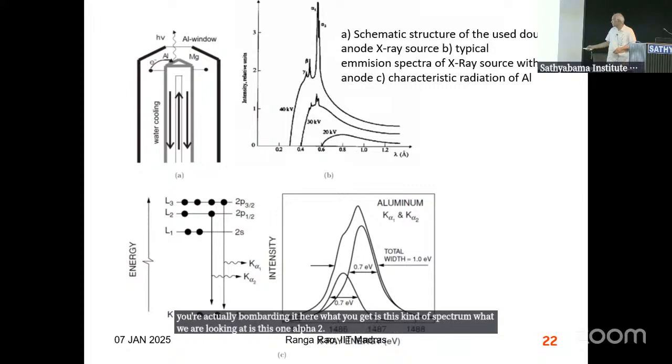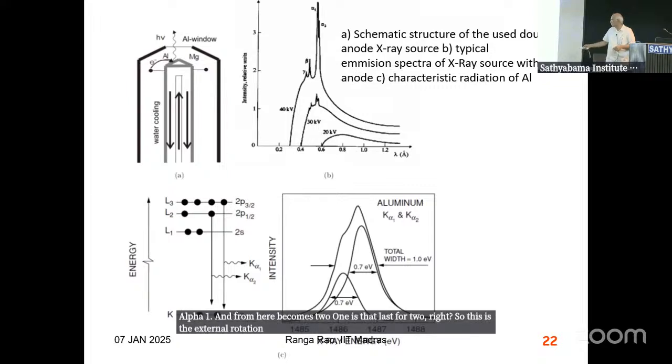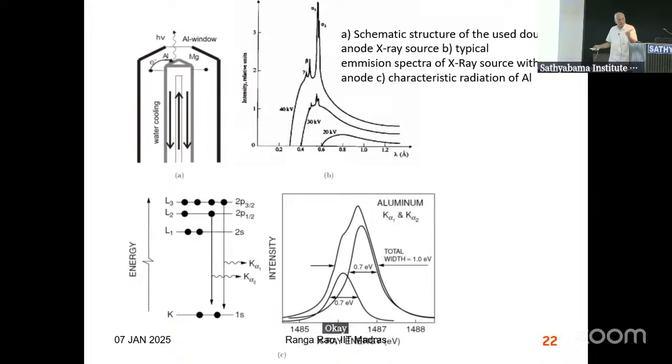The electrons coming from 2P3/2 to 1s give alpha 1, and from the other level to 1s give alpha 2. So this is the X-ray notation, KLL: K shell is 1s, L shell is 2s, and L2, L3 are 2p. If you go to Auger spectroscopy, you see the notation KLL, LMM. That is basically X-ray notation.